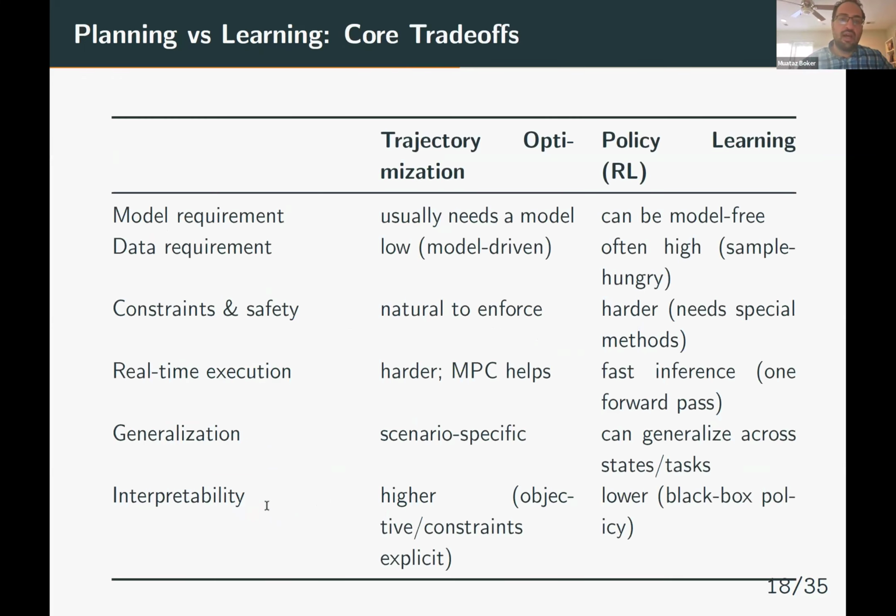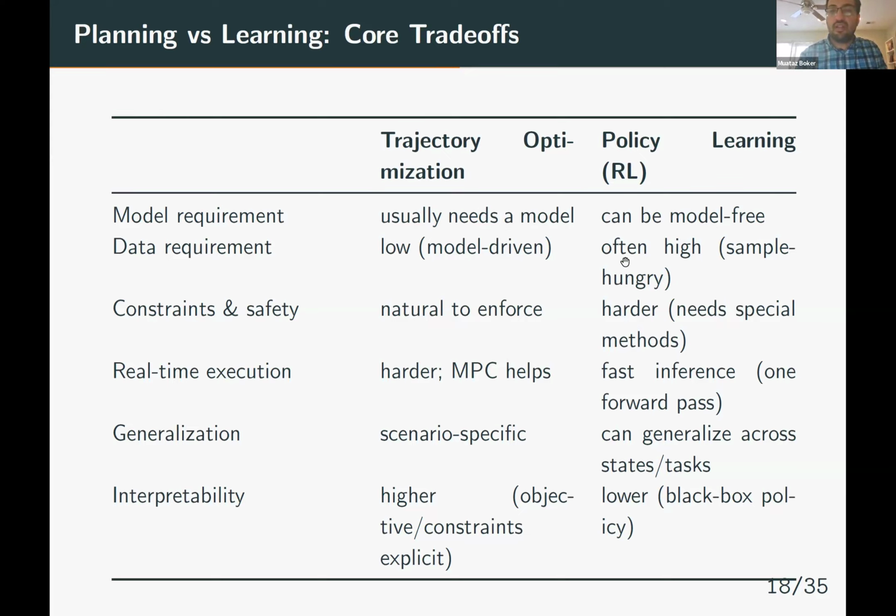All right, so this is planning versus learning, some trade-offs. The main requirement is that for trajectory optimization, you need a model. For policy learning, reinforcement learning, you don't need a model, right? But on the other side, for trajectory optimization, if you have a model, you don't need a lot of data.